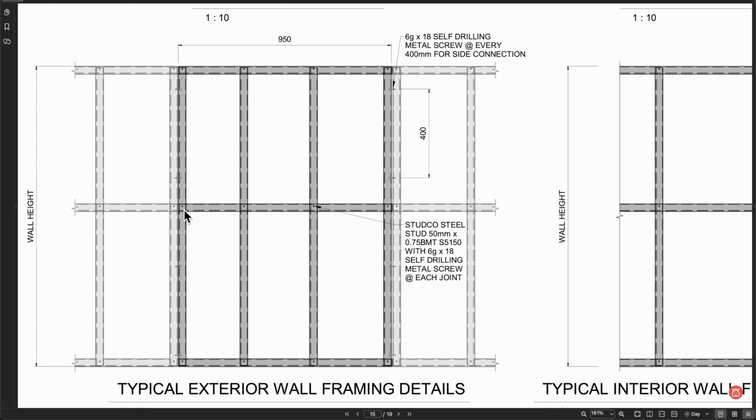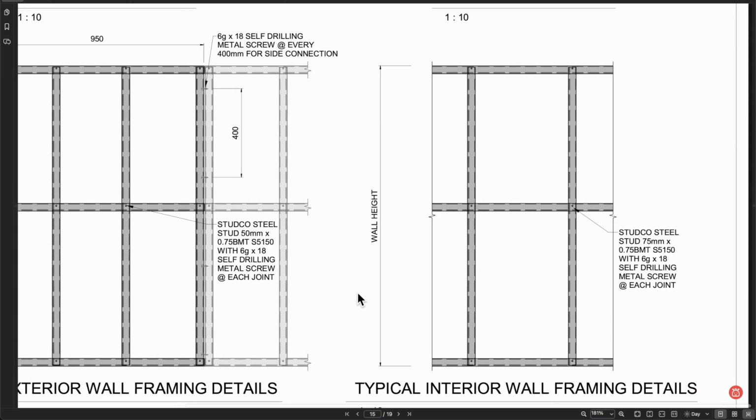And then my nogging is going to be a continuous run with holes punched in it at 300 on centre. Being a builder, I don't think I need to explain to you the difference between timber and steel builds here, but that's what we mean by do we need end studs on our panels. And then over here you can see we've got a much wider spacing. We're at 450 here, 450 spacing in the 75 Studco stud range.